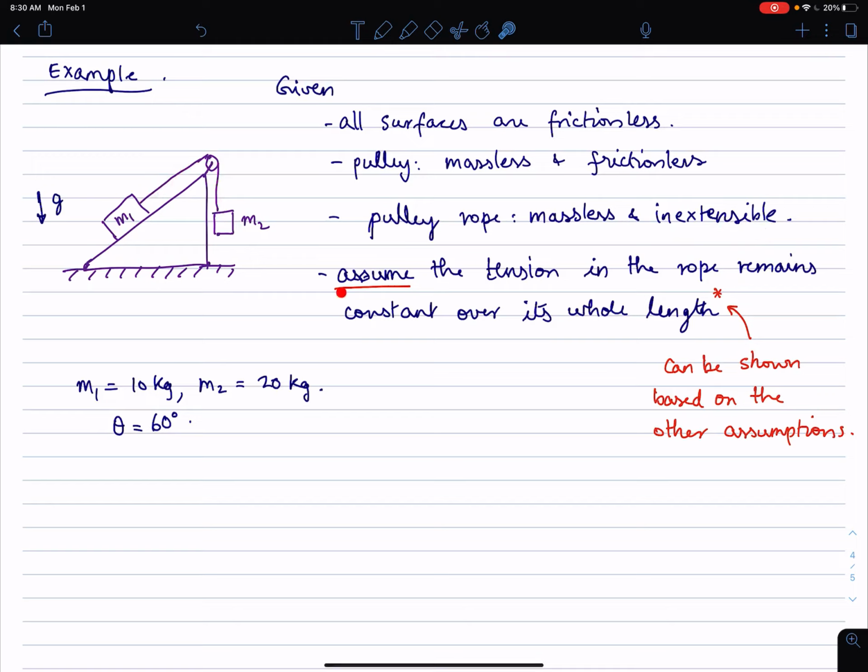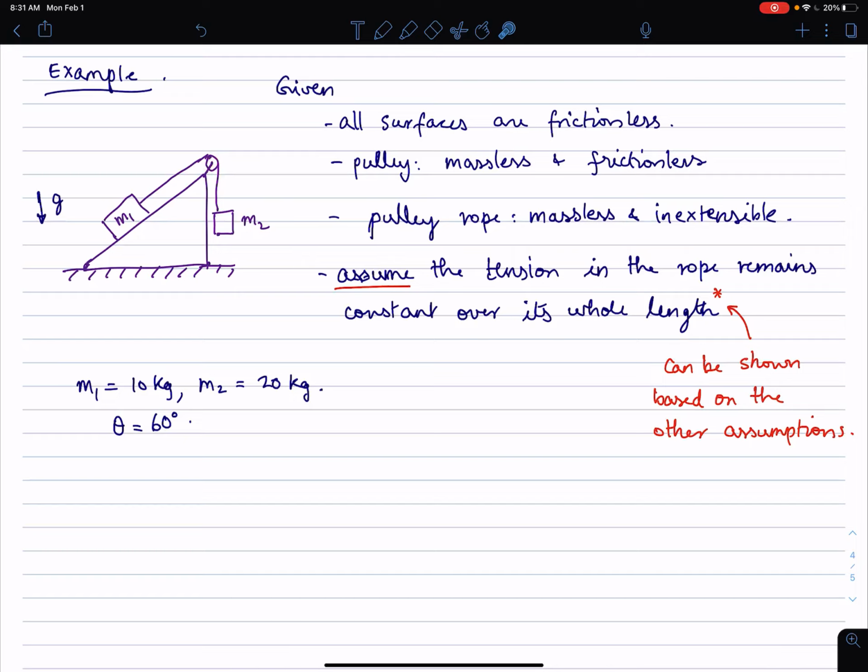And you're told to assume that the tension in the pulley rope remains constant over its entire length, right? So the tension transmitted by the pulley, or the force transmitted by the pulley, is constant, okay? So that is given. I just want to make an aside that this assumption can actually be shown based on these things, but we will not show this just yet because it actually requires an additional moment balance equation for the pulley, which we have not officially covered.